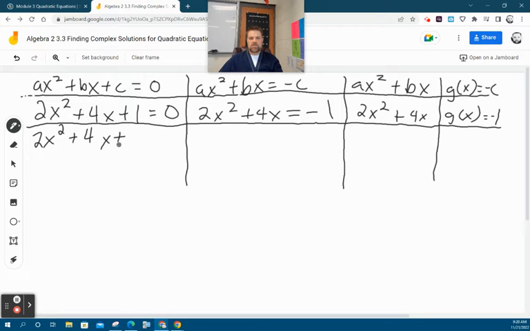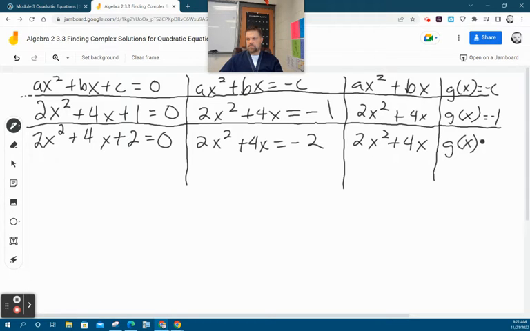So if I do this with a plus 2, then I get 2x squared plus 4x equals negative 2. And then over here, this is still 2x squared plus 4x, and then my g of x is equal to negative 2.